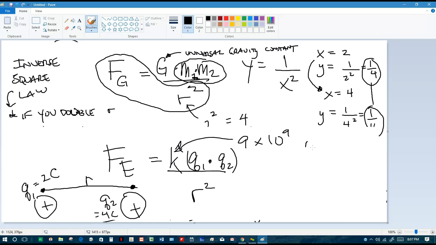It's an electricity constant, just as capital G was the universal gravity constant. It's a proportionality constant.